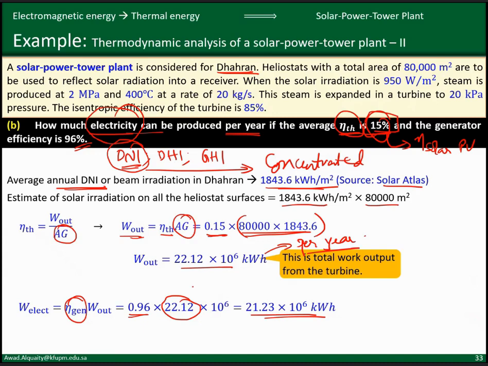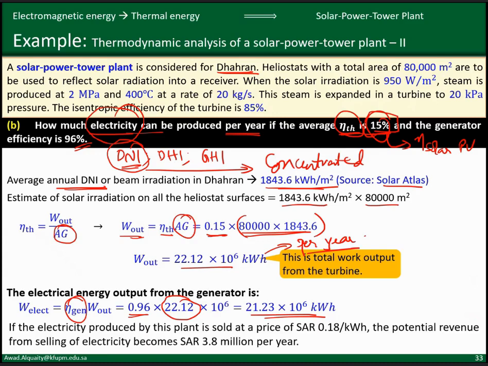Now, just to put these numbers into perspective, if you were to sell this electricity at the tariff at which Saudi Electric Company charges residential users, 18 halala per kilowatt hour, or 0.18 riyal per kilowatt hour, then the revenue from selling this quantity of electricity would be about 3.8 million riyal.